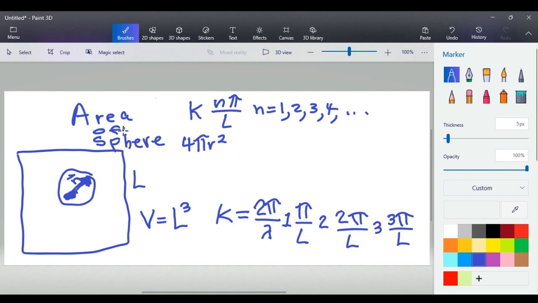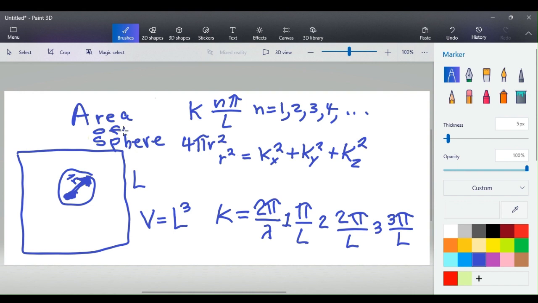So I'm going to come up with a radical idea here, that that r squared is equal to k in the x direction squared plus k in the y direction squared plus k in the z direction squared.